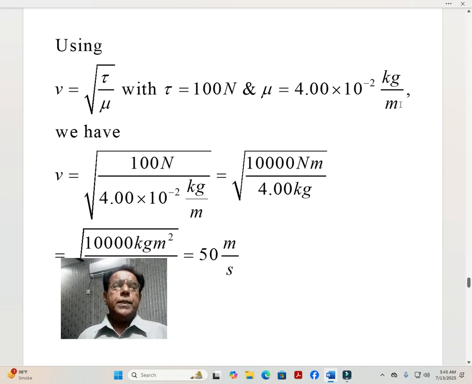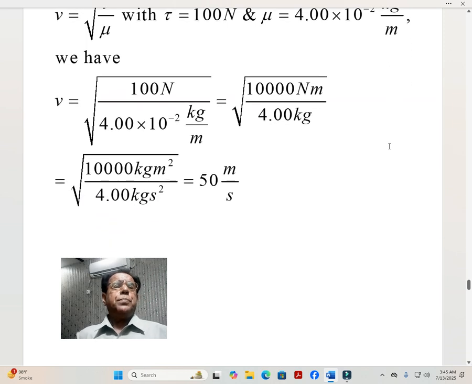Dear students, in the next step, because 10 raised to power minus 2 is in the denominator, it will be shifted to the numerator and become 10 raised to power plus 2. So 100 multiplied with 100 becomes 10,000. So in the numerator we will get 10,000 Newton.